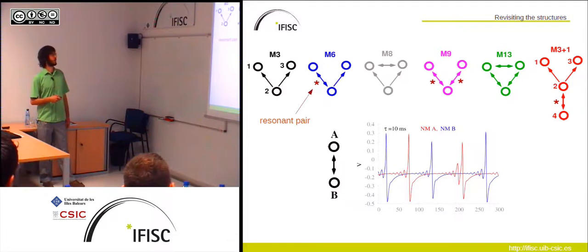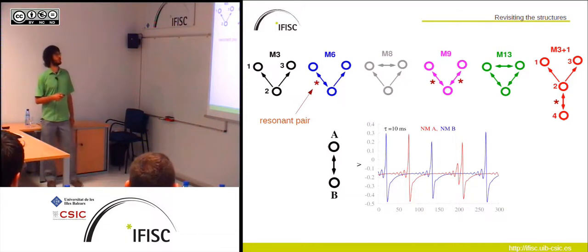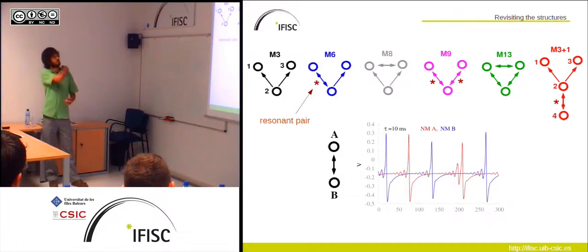And our idea is that this common driving is improved when there is a resonant pair, when the mediator, the driver node, is synchronized. It's sending synchronized input to the other two nodes, so they synchronize much more easily. So this resonant pair would induce the synchronization of the two outer neurons or outer regions. In this case, we are considering cortical regions.